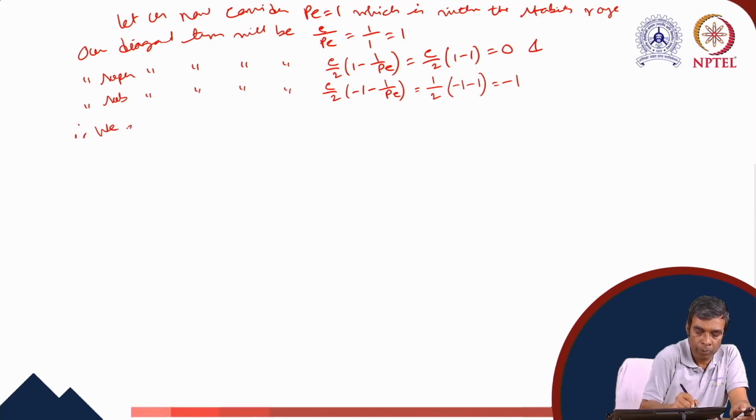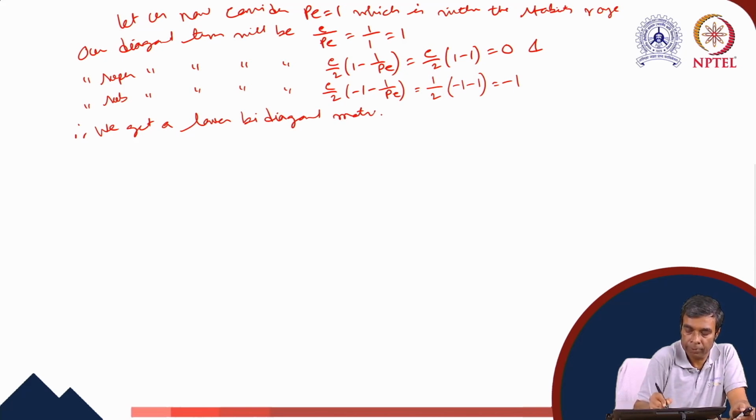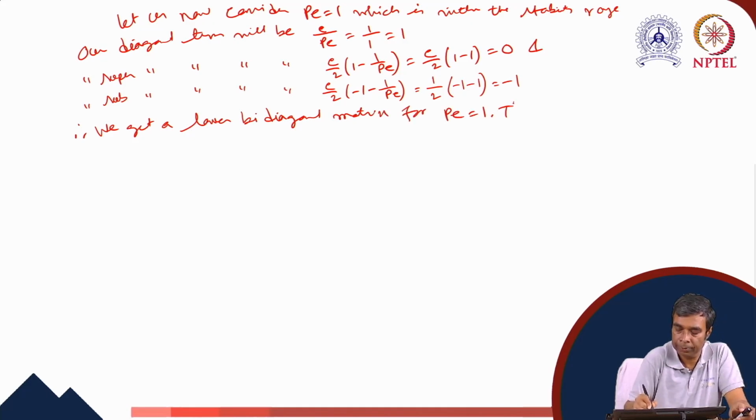Therefore, we get a lower bidiagonal matrix for PE equals to 1.